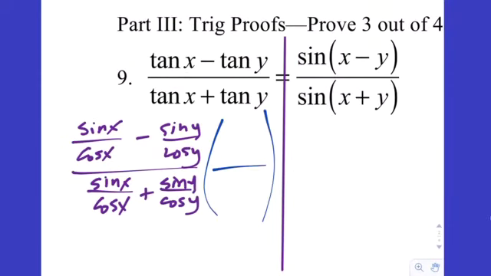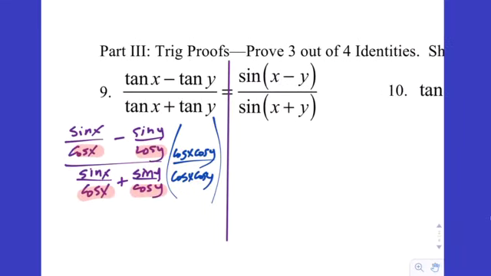A complex fraction. And anytime you have a complex fraction, the next step is to eradicate it by multiplying by the LCM over the LCM, which is cosine x times cosine y. So cosine x times cosine y over cosine x times cosine y. I'm going to squeeze that in right there. Some people squeeze it in on the left, wherever you can squeeze it in.